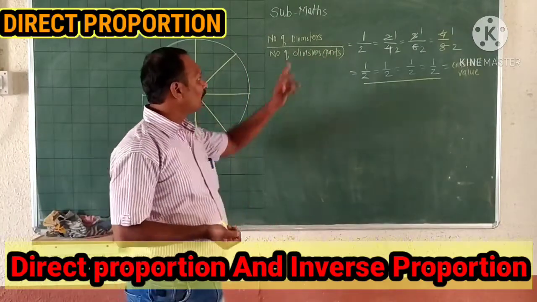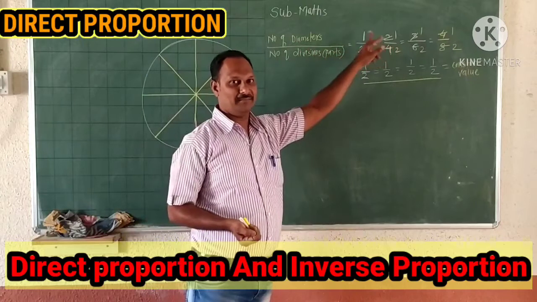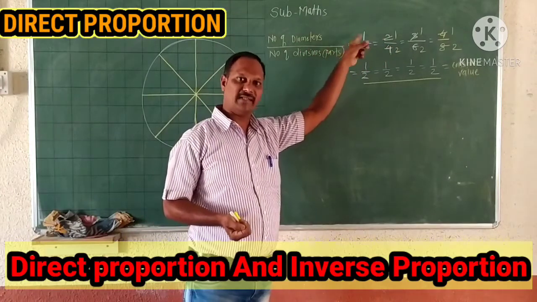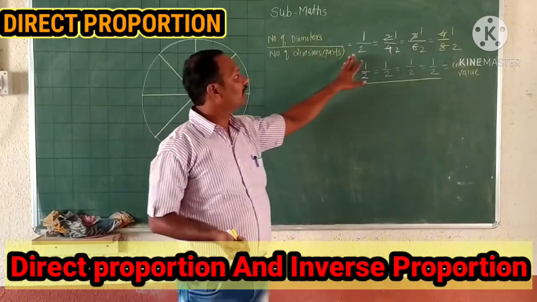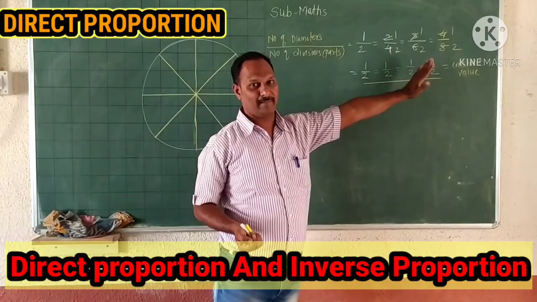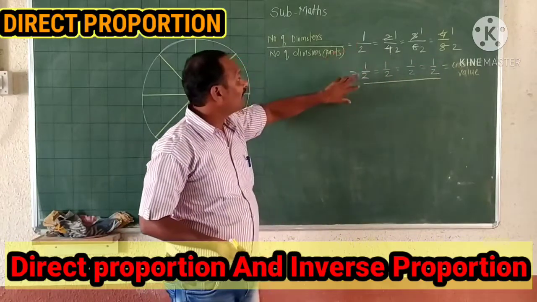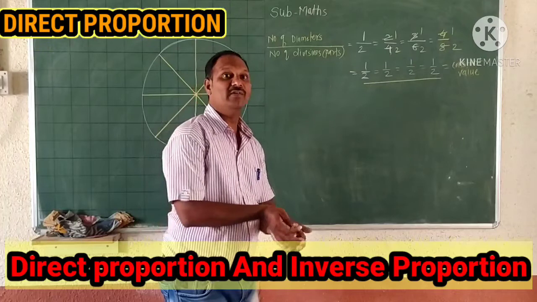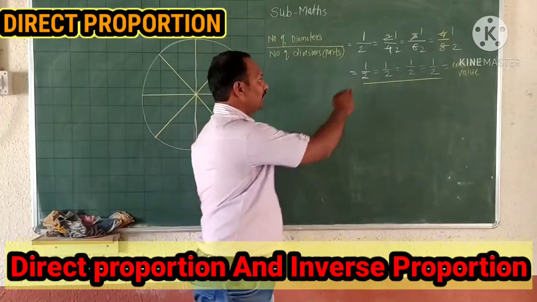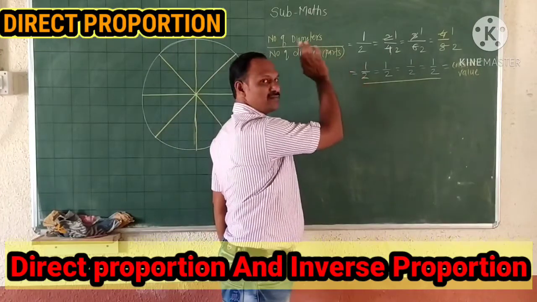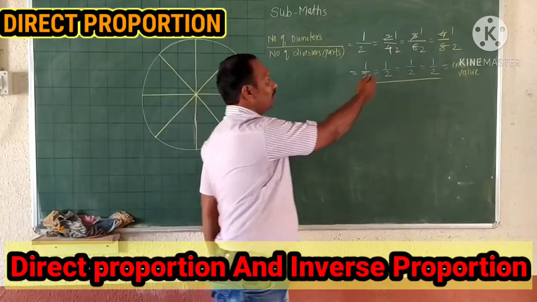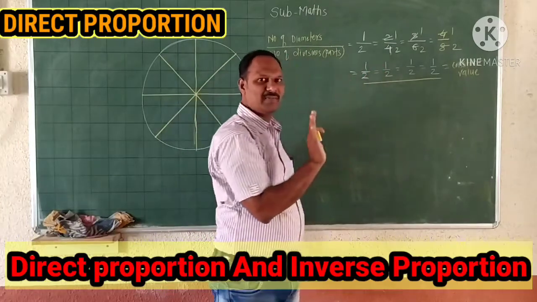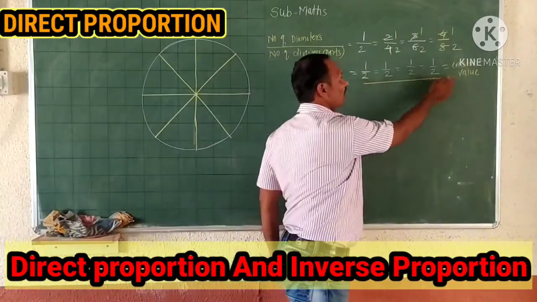When one quantity increases, your diameter is one quantity, the related other quantity also increases, and their ratio, numerator upon denominator, is constant.